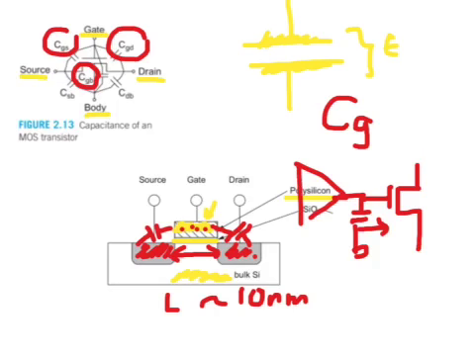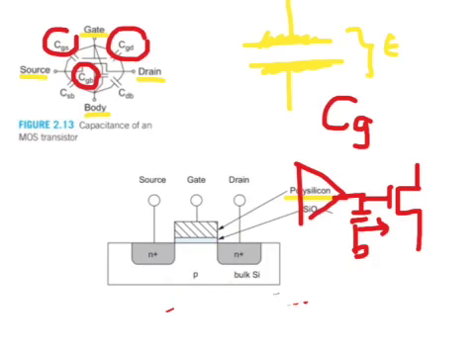The second class of capacitances arises from the PN junction that is formed between the source and the bulk, and the drain and the bulk. We know that the P region and N region here form a PN junction all the way around, and at the interface of the P and N region there is a depletion region devoid of charges, and that separates the free carriers within the N region as well as in the bulk, and this gives rise to a capacitance.